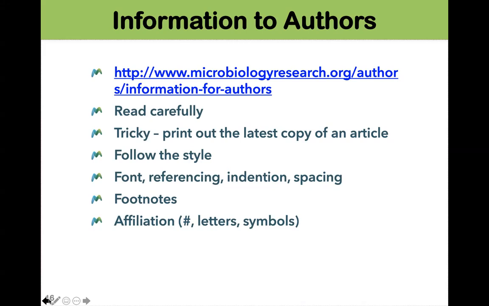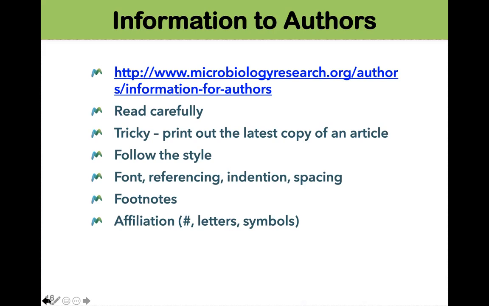You have to look at the font they recommend. I prefer to submit my paper in the font of the final publication because that's what they look at when they print to compare your article. Sometimes the journals tell you it's okay to use Times New Roman or Arial, and they'll tell you what size.